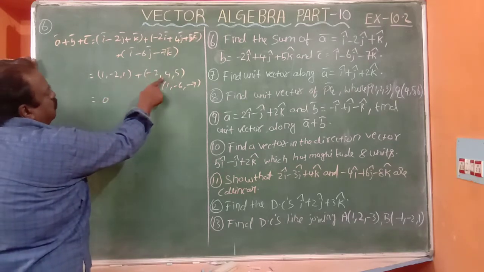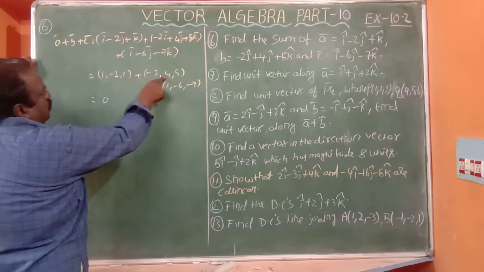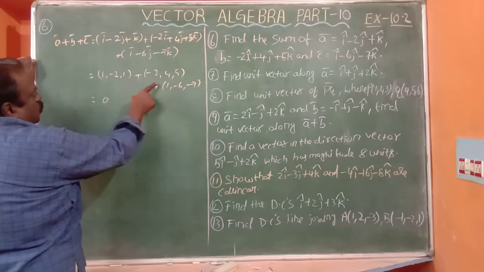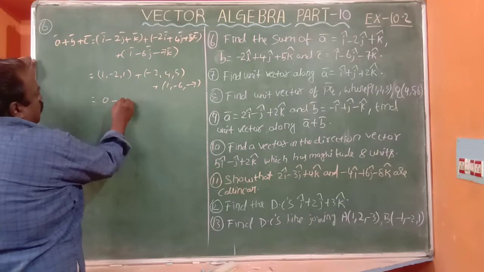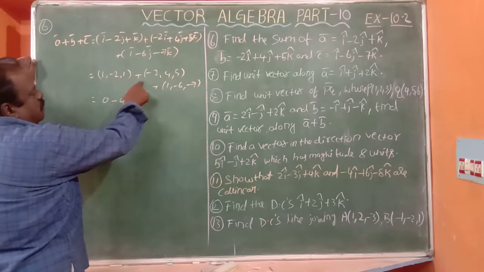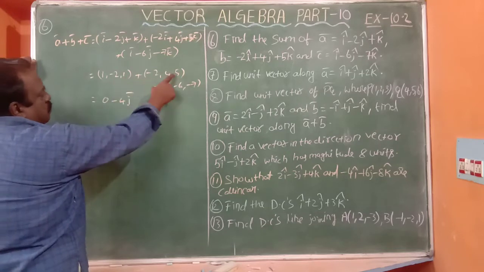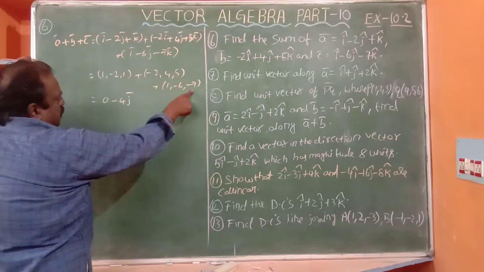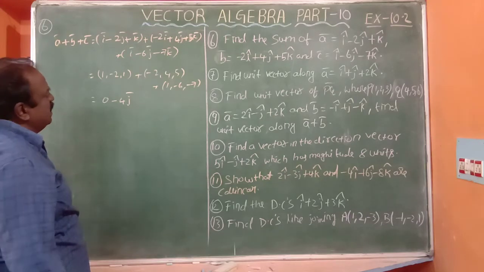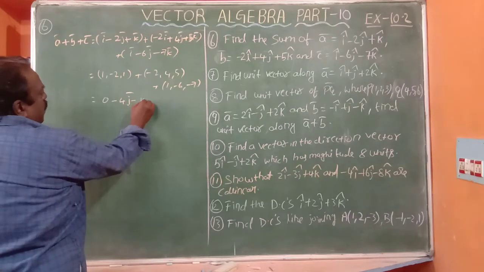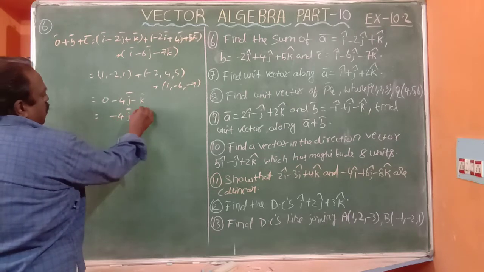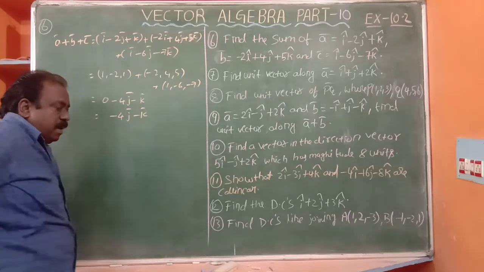Minus 2 plus 4 plus 2 minus 6, that is minus 4j. 1 plus 5 plus 6 minus 7, that means minus 1k. Okay? It is clearly minus 4j minus k. Like this we have to practice.